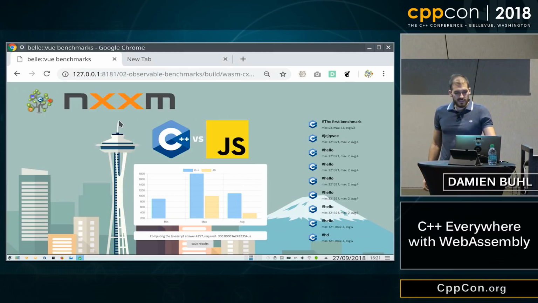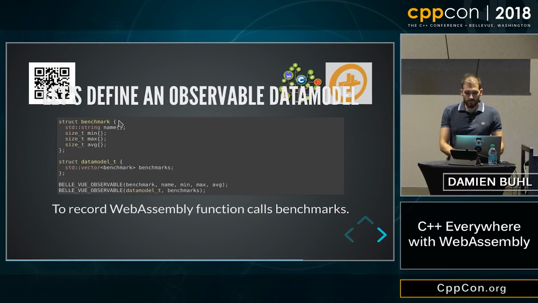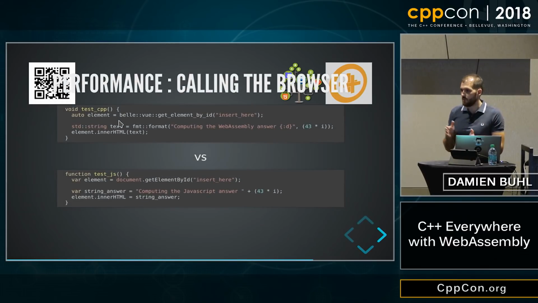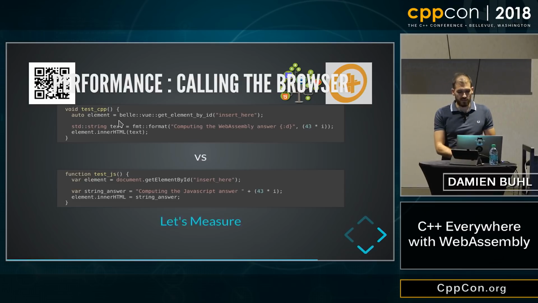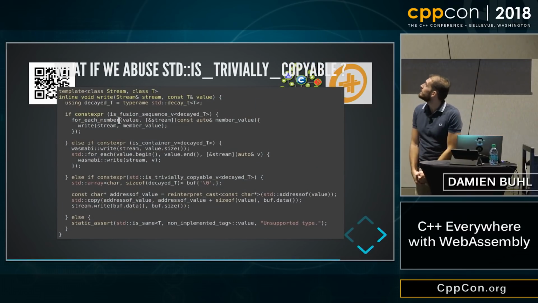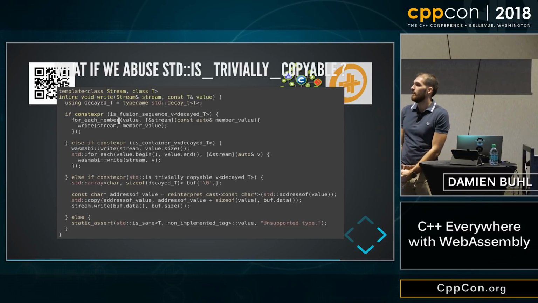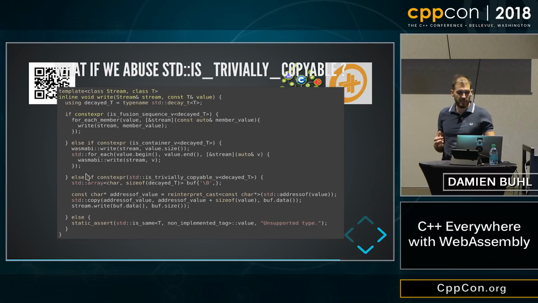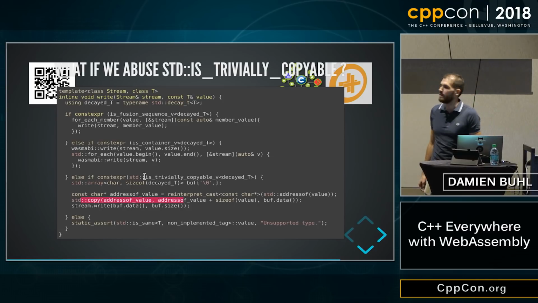So this is interesting because with WebAssembly, even if you are a bit slower accessing the browser, you can be faster in the end, because you could just abuse the fact that you compile the WebAssembly module with the same compiler, the same flags, and nxxm does that for you, and that you have a consistent runtime across all platforms, and that you can just do simply std::copy of your bytes if your type is trivially copyable.